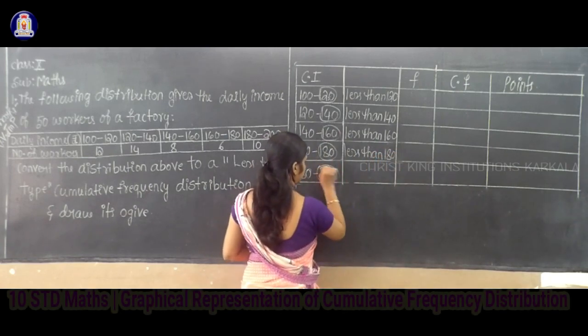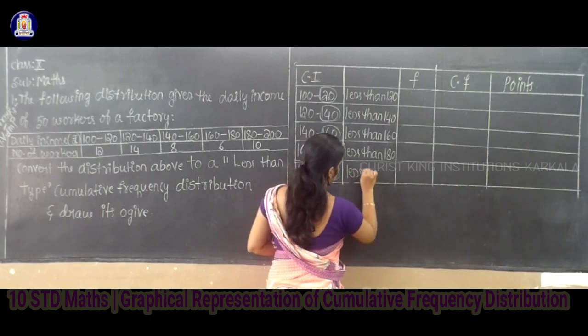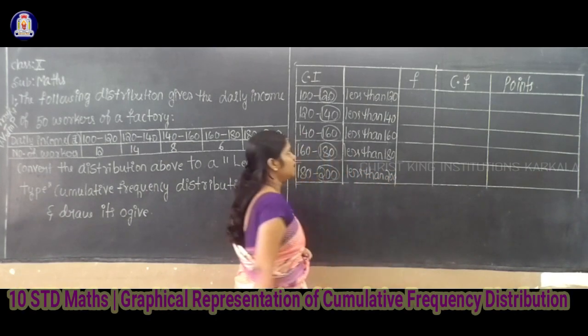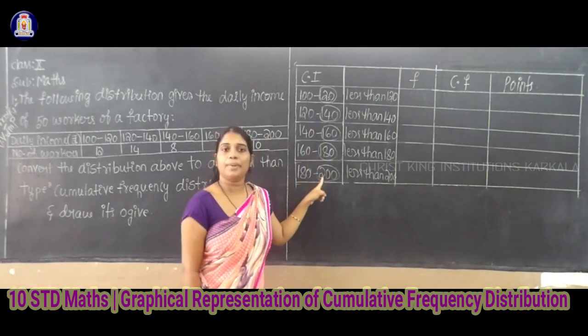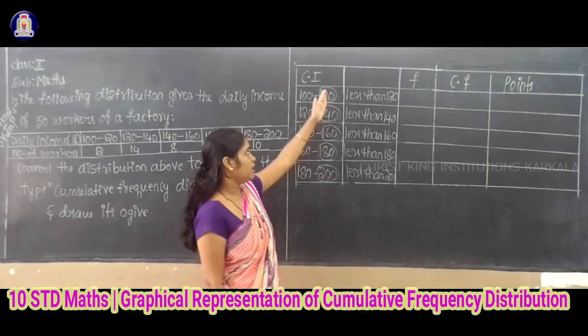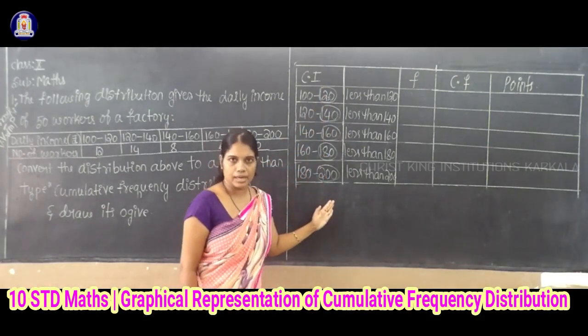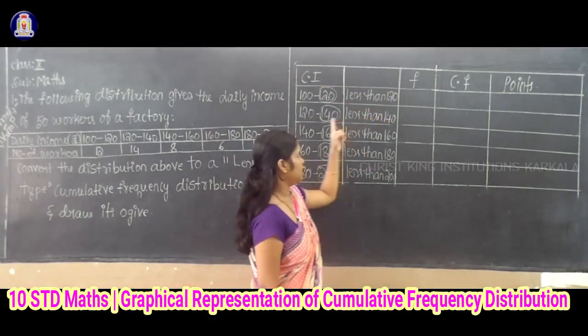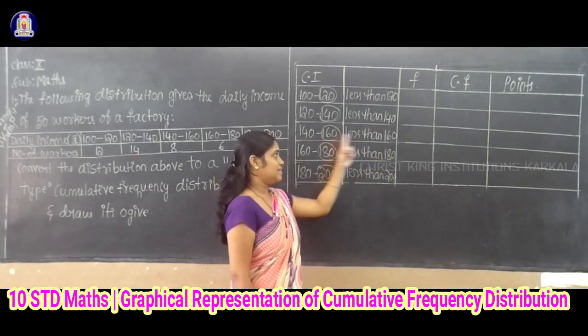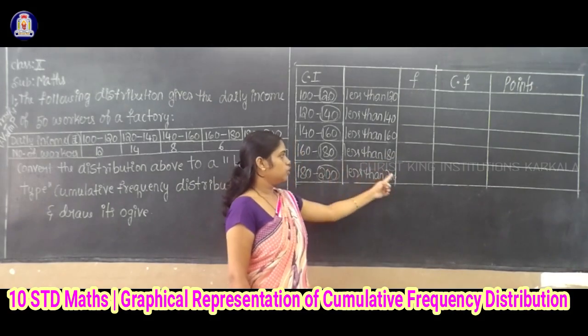Next, less than 200. So here I have considered only the upper limits. In a less than type distribution, I will consider only the upper limits: less than 120, less than 140, less than 160, less than 180, less than 200.